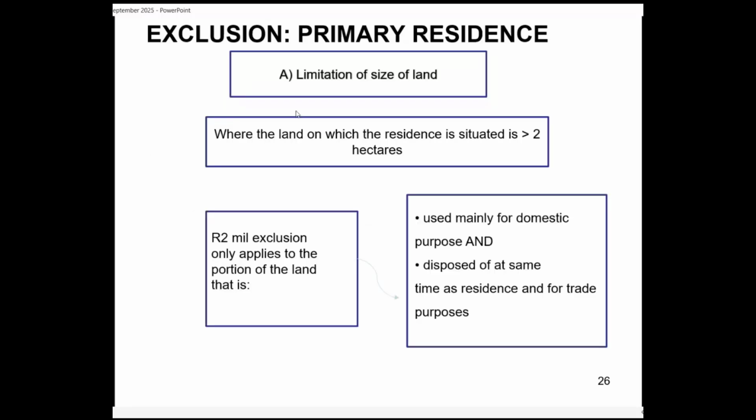The limitation applies only in these situations. So on the limitation on the size of the land, where the land on which the residence is situated is greater than 2 hectares, the 2 million exclusion will apply to the portion of land that is used mainly for domestic purposes and disposed of at the same time as the residence.